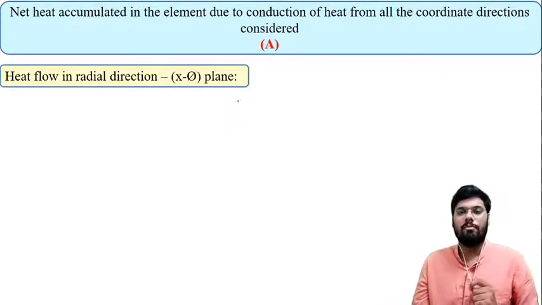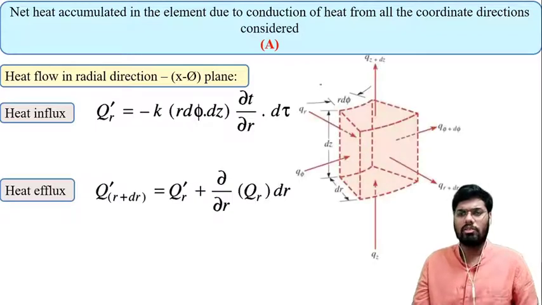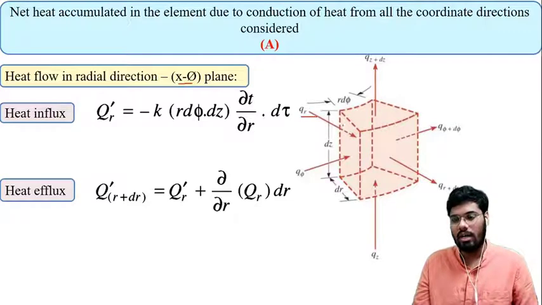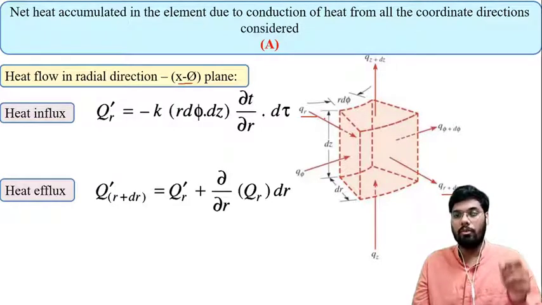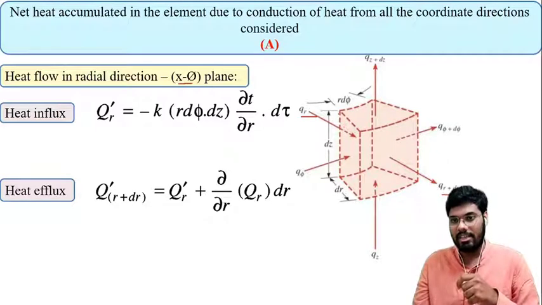First start with the xy plane. To understand it, here we have a figure. If we are talking about r and phi, the plane means flow of heat in the radial direction. So qr and qr plus dr: qr shows the amount of heat which enters this control volume from the radial direction through this face.